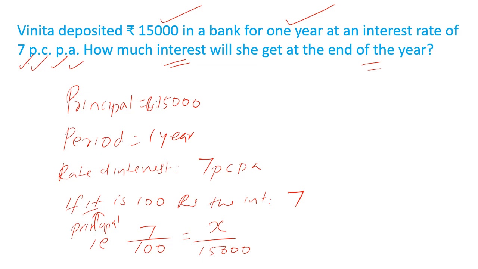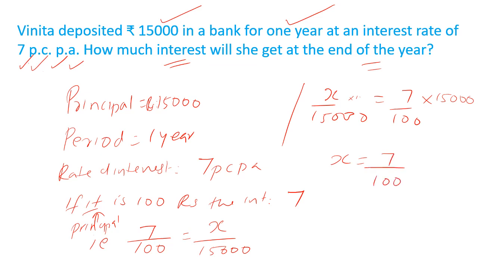For our convenience, X upon 15,000 is equal to 7 upon 100. We want X, and the left side answer is X, so we multiply by 15,000 on the left and on the right as well. What will happen? The 15,000 on the left side cancels, and X is equal to 7 upon 100 into 15,000. If you solve this you will get the answer: 7 into 150, 700, 35, so it is 1,050 rupees. Vinita will get 1,050 rupees as interest for 15,000.